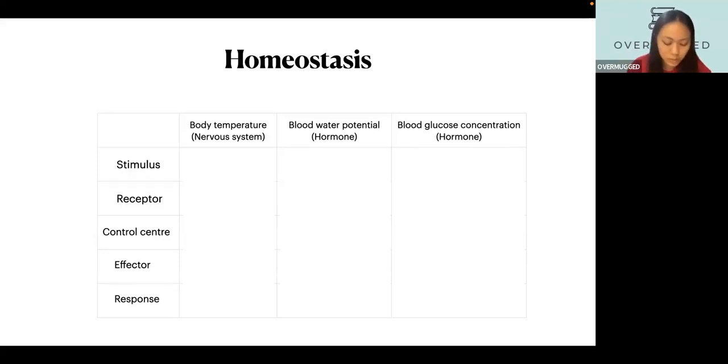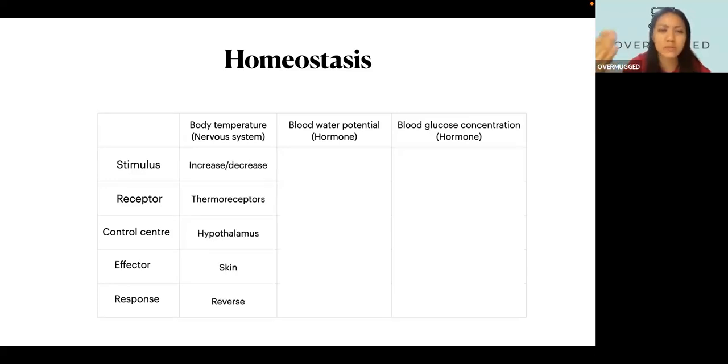Okay, so for each of these homeostasis examples, the things that we want to keep constant are body temperature, blood water potential, and blood glucose concentration. For what reason, you should be able to explain, but today I won't talk about it. You should go and find out yourself, but if you already know, that's good. For body temperature, the stimulus is either the body temperature increasing or decreasing beyond normal.